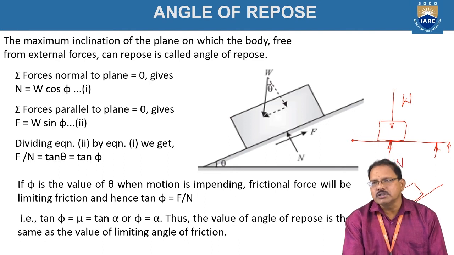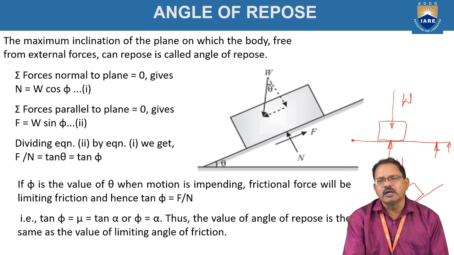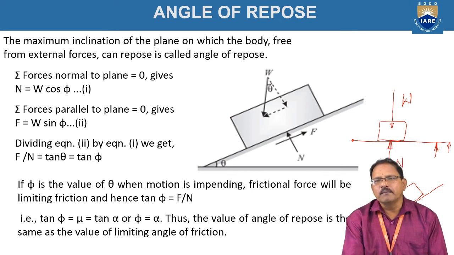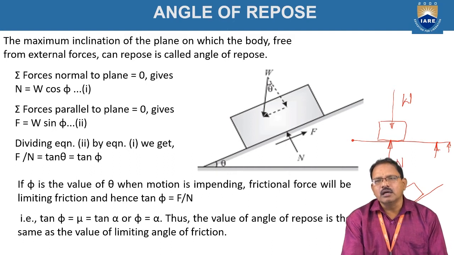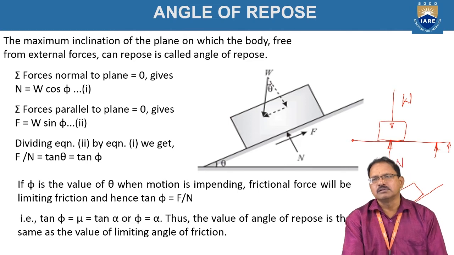But at some instant, the body tends to slide downward without any external force applied on it. The angle at which the body tends to slide downward is called the angle of repose.